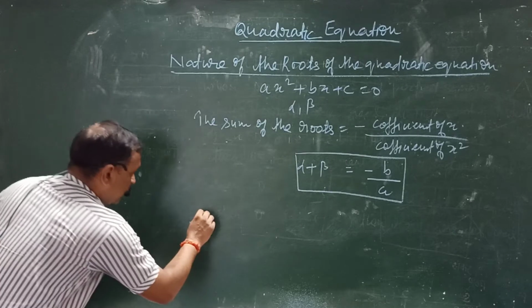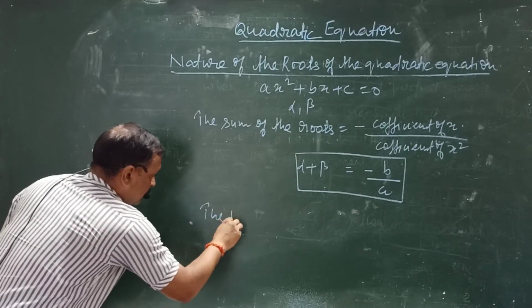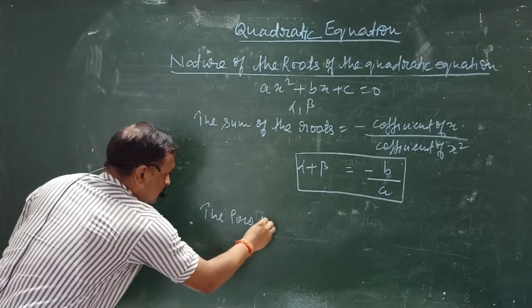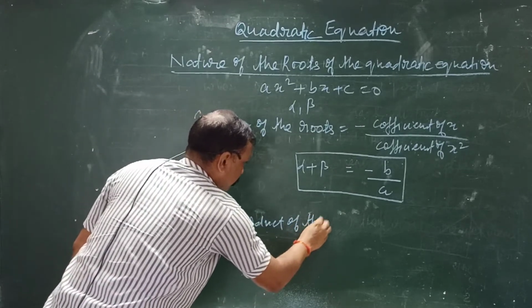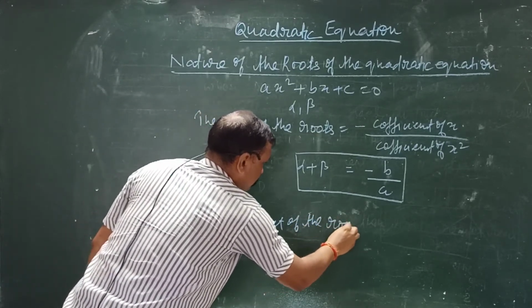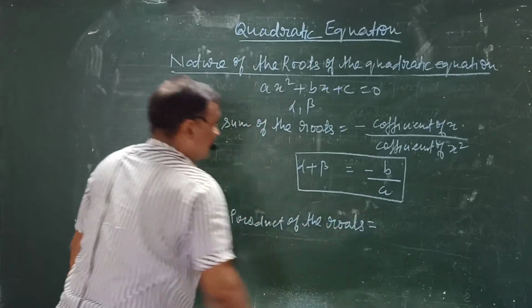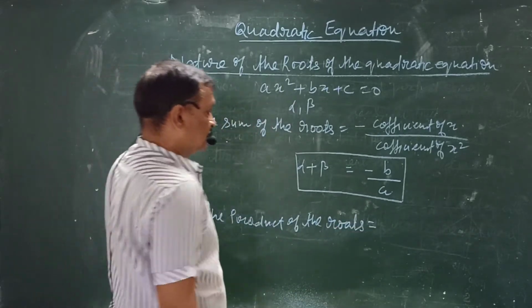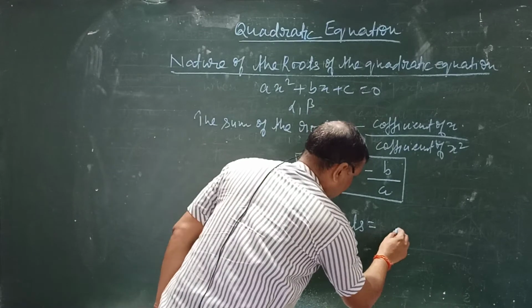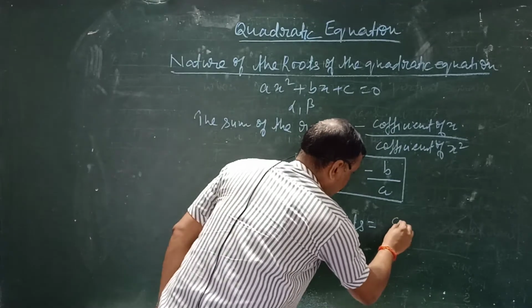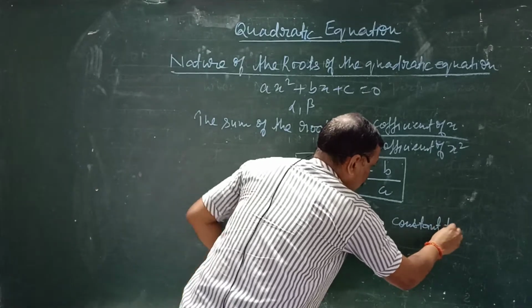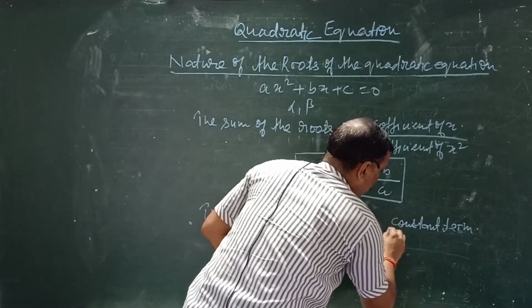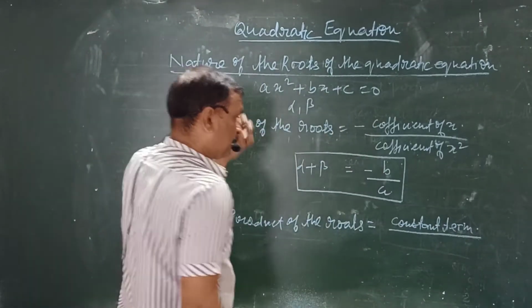Similarly, the product of the roots is equal to constant term upon coefficient of x square.